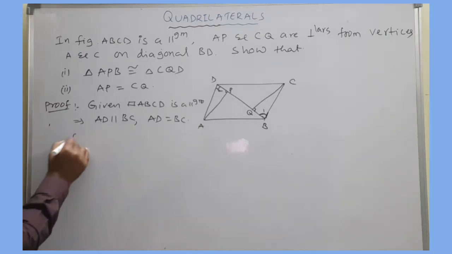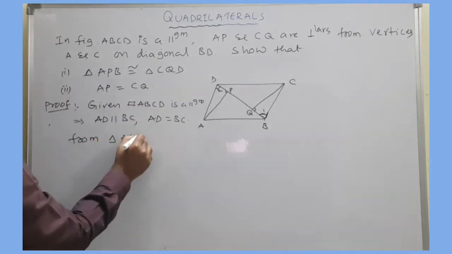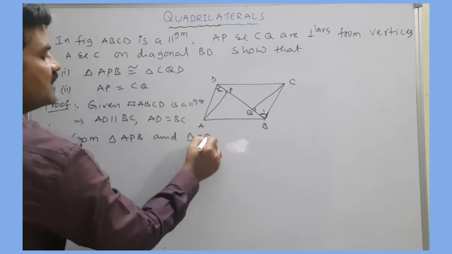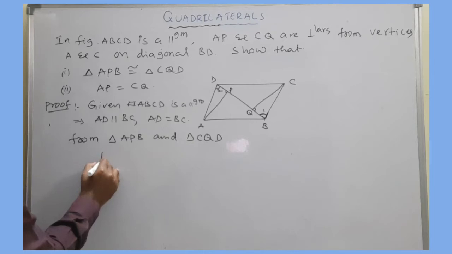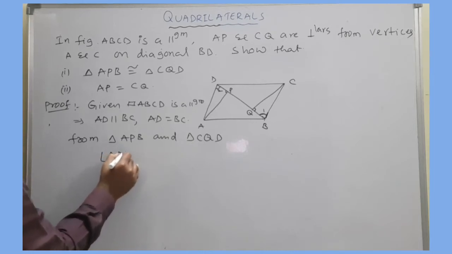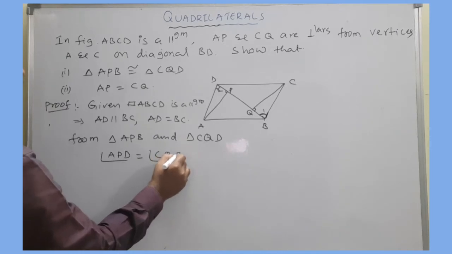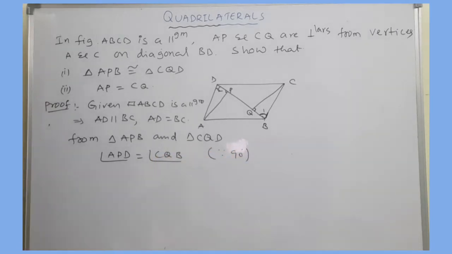Now to prove condition 1, from triangle APB and triangle CQD, let us see. First I can say that angle APD is equal to angle CQB, because both are right angles.